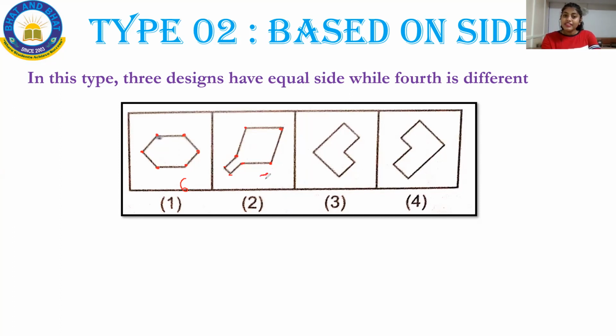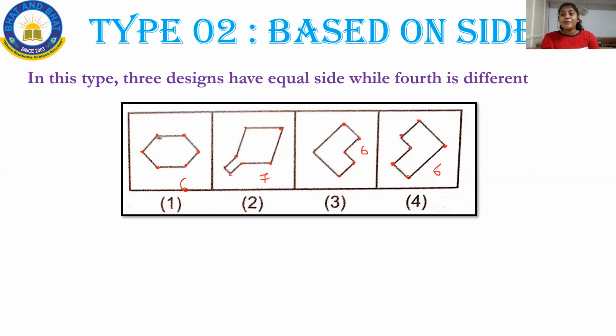It has 7 sides. Let me go with the third one now. 1, 2, 3, 4, 5, 6. How many sides? 6 sides. Let me go with the fourth one. 1, 2, 3, 4, 5, 6. So it also has 6.